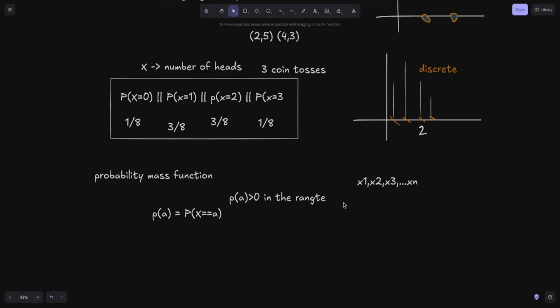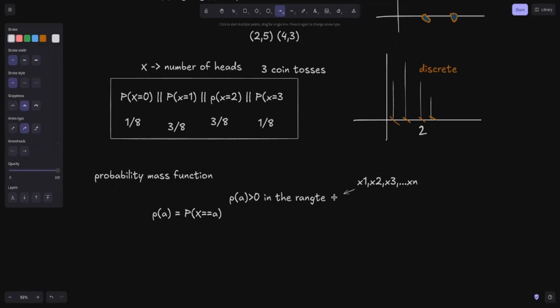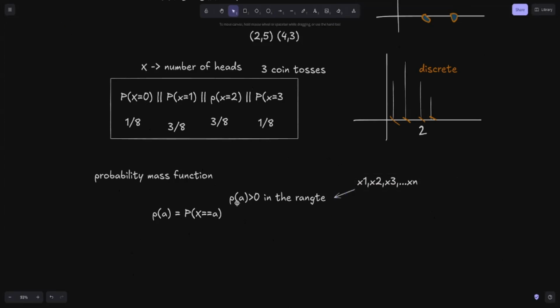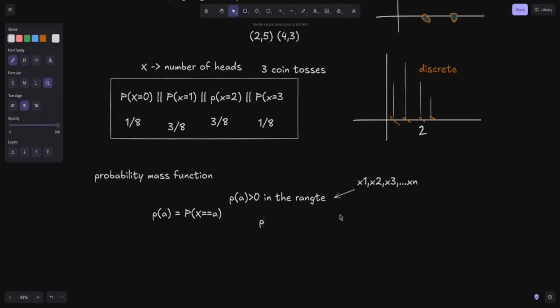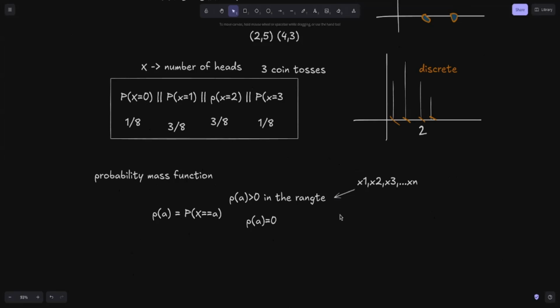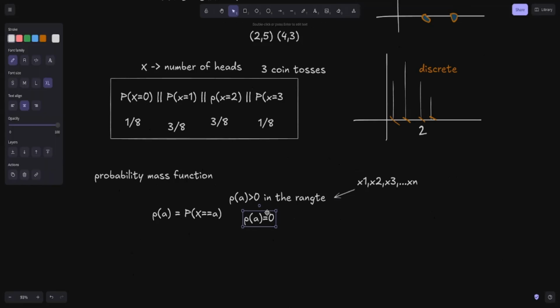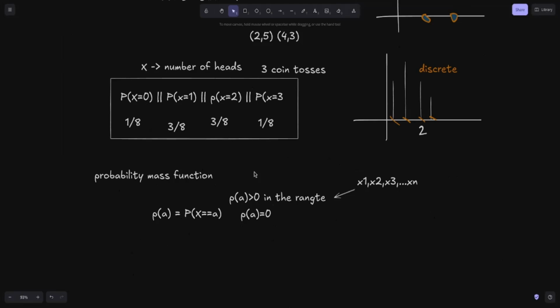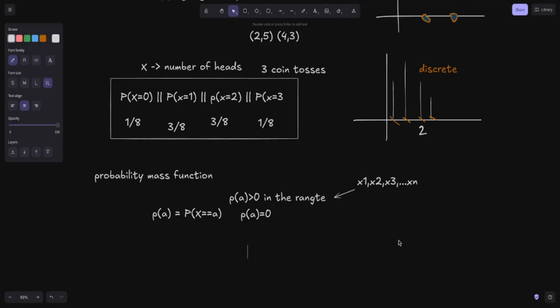In this range the values will be these, but outside this range P of a will be 0. So only in the range do I have some probability greater than 0. And logically you can also see the sum of all probabilities has to be 1.